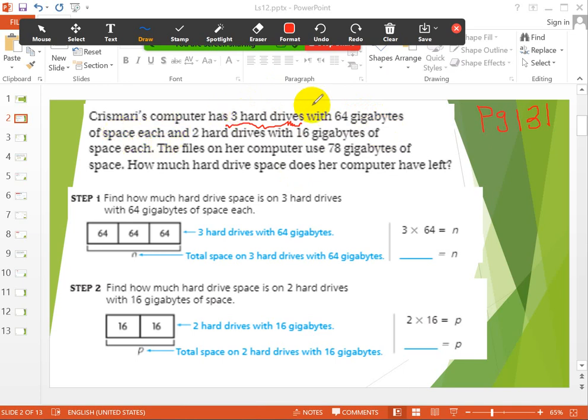Each hard drive has a space of 64 gigabytes. Gigabytes is the unit I can use to represent the space on the computer.